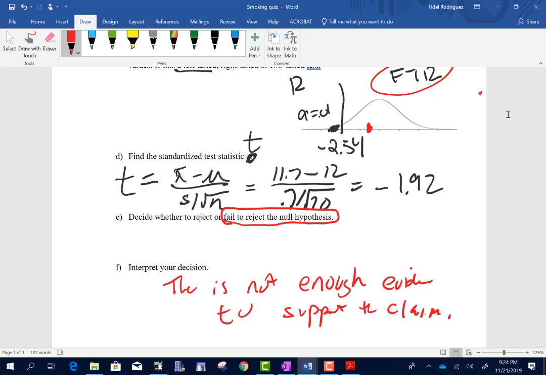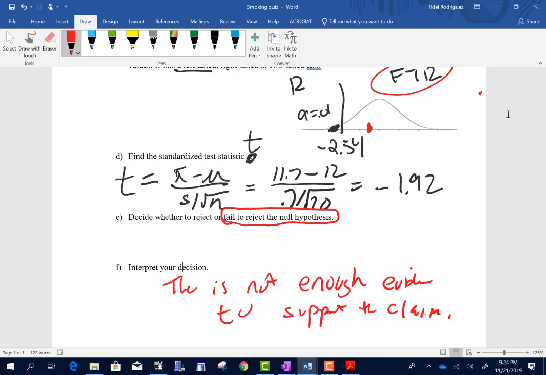The only thing that's different, if I look at my answer key here, in this case, wasn't our alpha 0.01? That was the alpha they gave me? Okay. If instead of me finding that number right there, I wanted to find the area under the curve given this t value, I'm trying to remember how to do it right now.